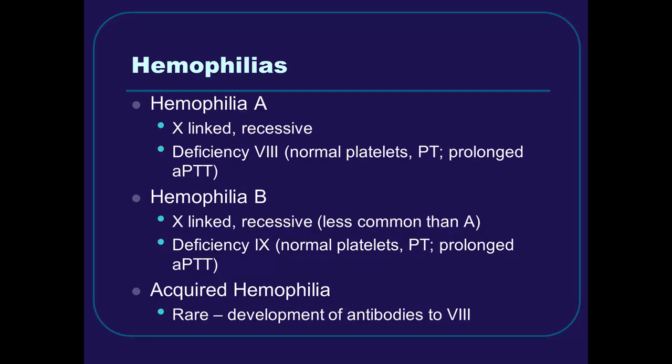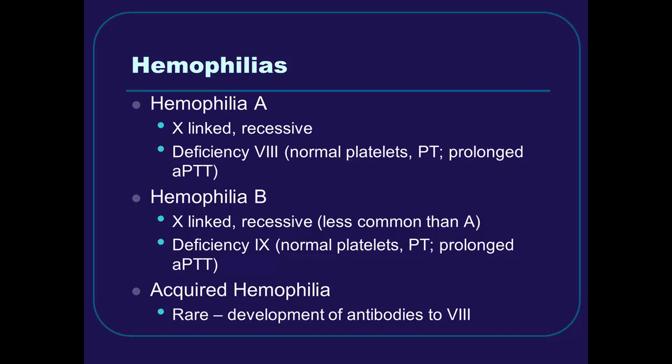Now let's look at another example, but this time let's look at coagulation factor effects. And we're going to look at the hemophilias. The two most common hemophilias are hemophilia A and hemophilia B. Now the hemophilias we first became really aware of in the royal families of Europe in the 16, 17, and 1800s.